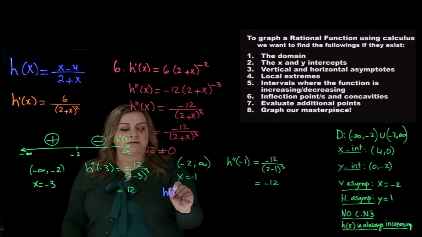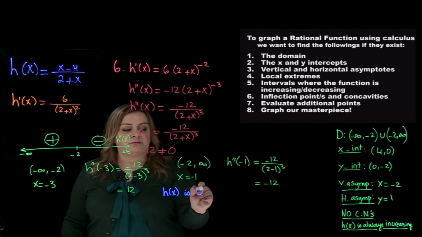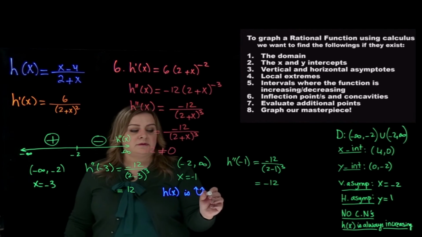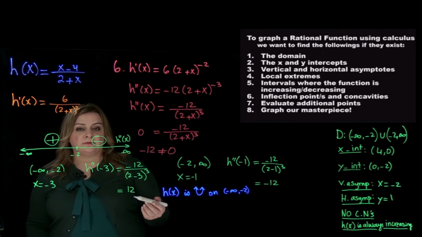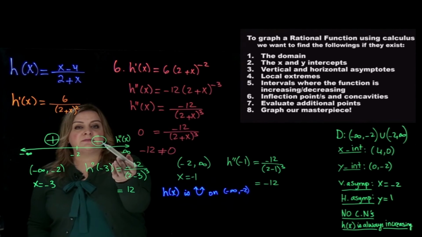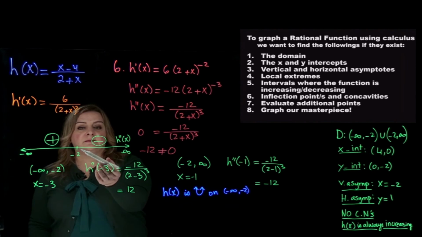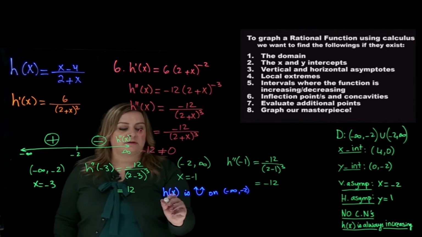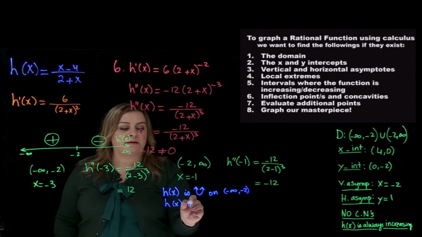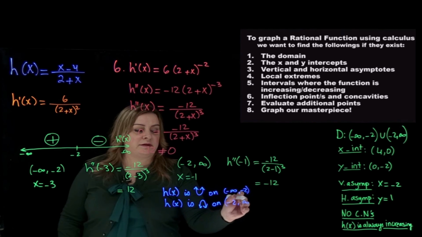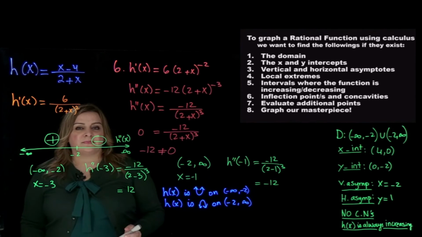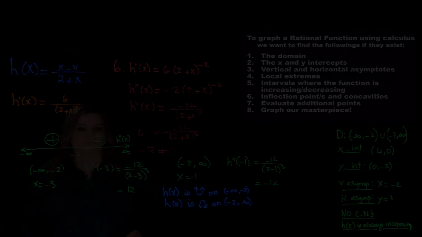So h of x is concave up on negative infinity, -2. Also, this negative slope tells me that h of x will be concave down on the interval -2, infinity. And we're done with step 6.